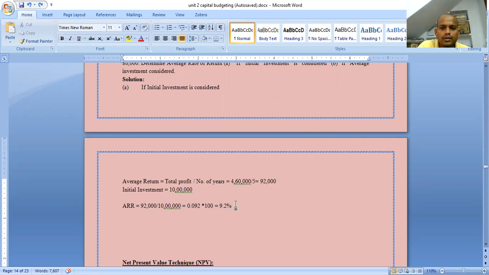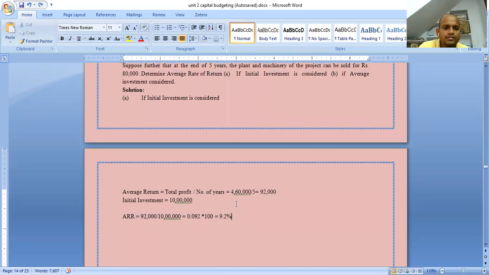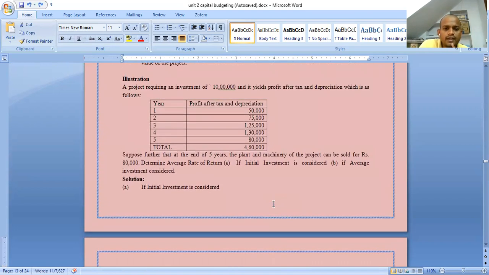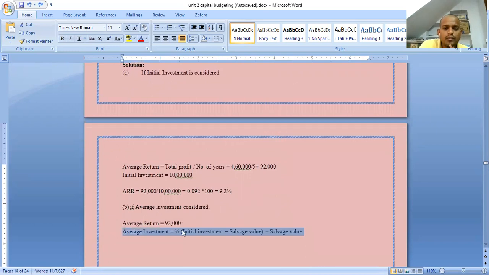Coming to the next case, if average investment is considered, what will be the average rate of return? The average return is 92,000, which we just calculated. For average investment, with the given particulars, this formula is appropriate: half of the initial investment minus salvage value, plus salvage value.